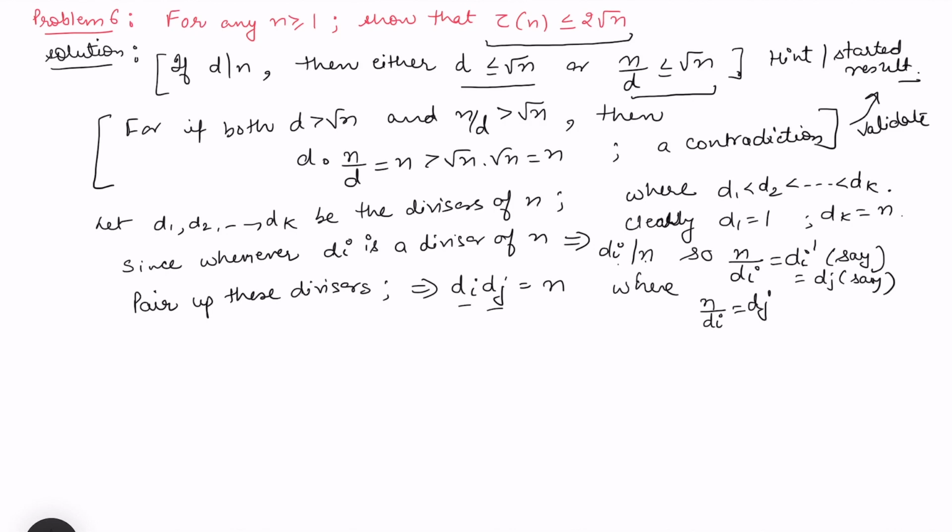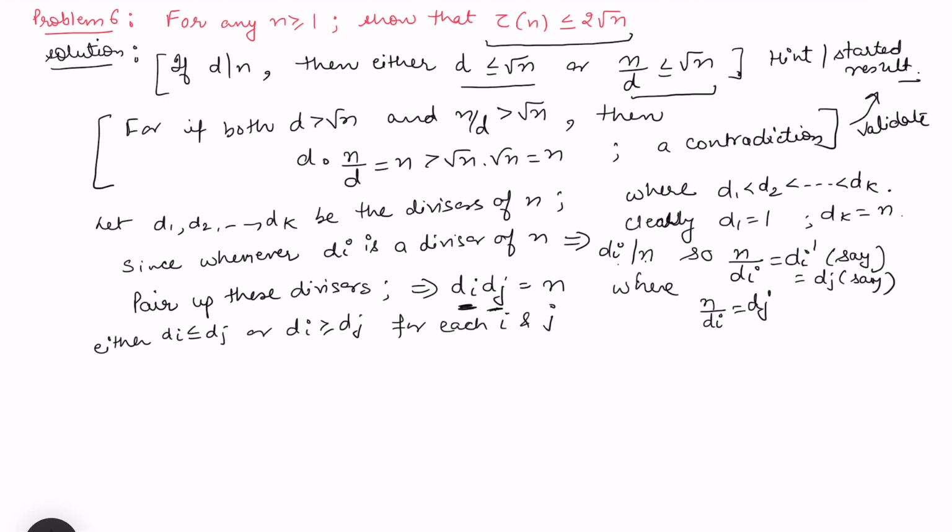Now there are two possibilities in this. Either di is smaller than dj, or dj is smaller than di, or they may be equal. So let's take both the possibilities: either di is less than or equal to dj, or di is greater than or equal to dj, for each i and j.